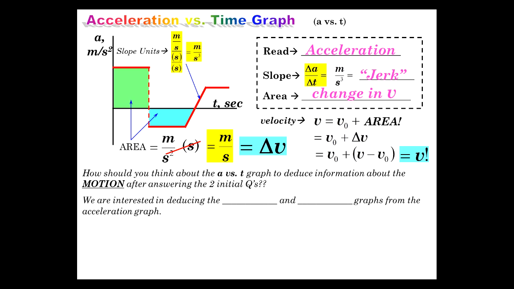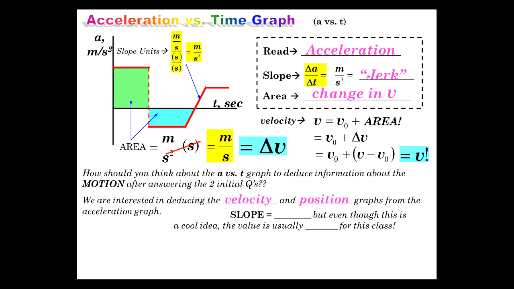Now, how should you think about the acceleration plot? To get information about the motion after answering the two questions, namely, okay, I'm looking at an acceleration graph, and what information, question 2, can I get from these three ideas? We've just done that. Well, we're interested in deducing the velocity and the position graphs from the acceleration graph. We're going to do that.